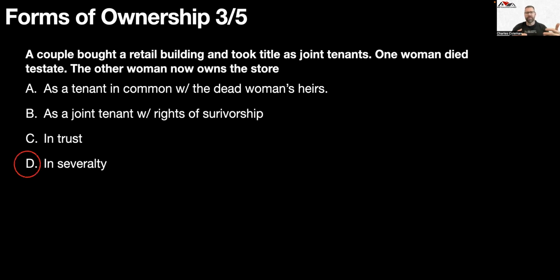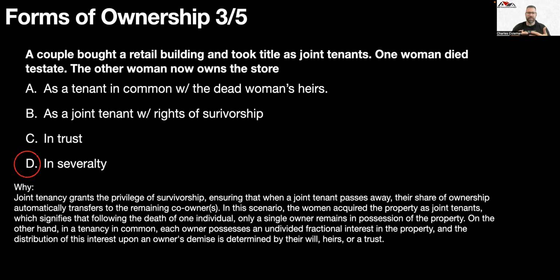The other woman is going to now own the property in severalty. The joint tenancy grants the privilege of survivorship. We have 2 people, one person passed away, and now one person remains. Well, now the other person will own the property in severalty. Severalty means 1.